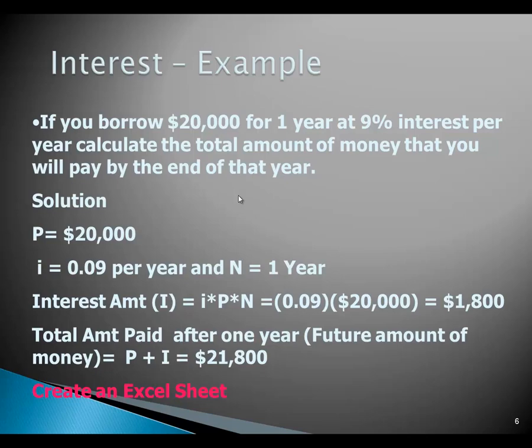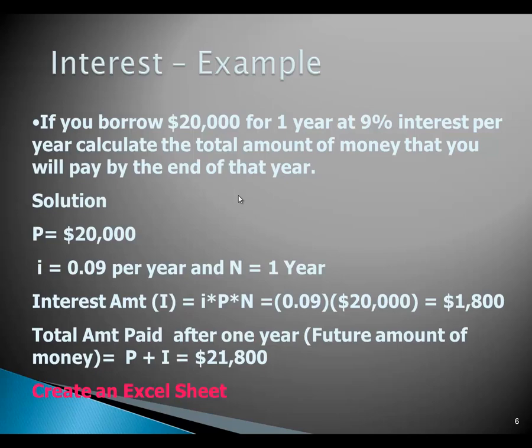To calculate the interest amount, we multiply the interest rate by the principal amount by the number of periods, and that will be 9% times 20,000 times 1. Calculating that will yield 1,800. So the result is $1,800.